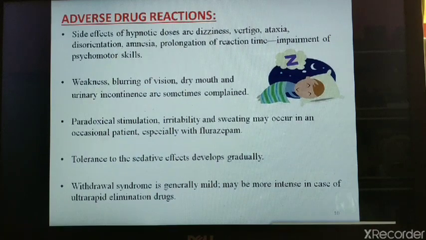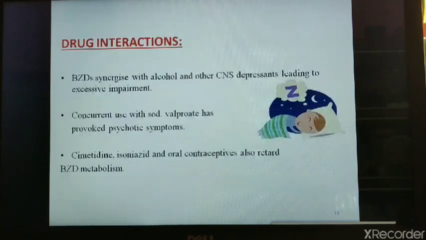The tolerance to the sedative effects also develops gradually. The withdrawal symptoms are very mild and may be intense in case of ultra-rapid elimination drugs.